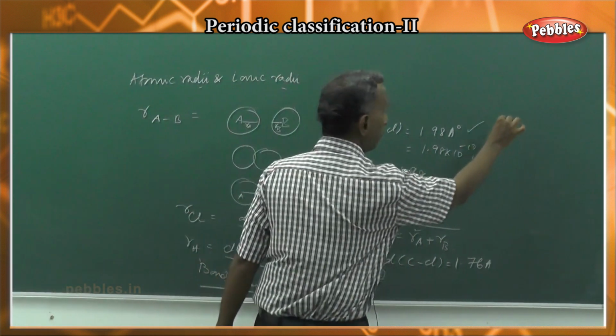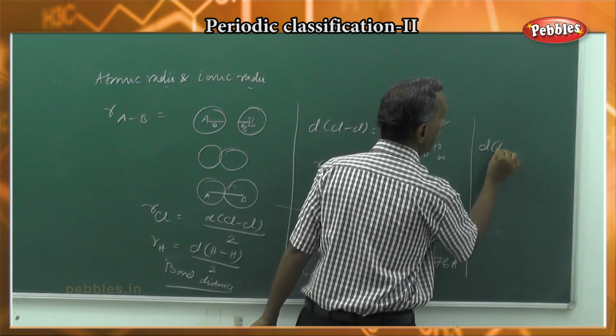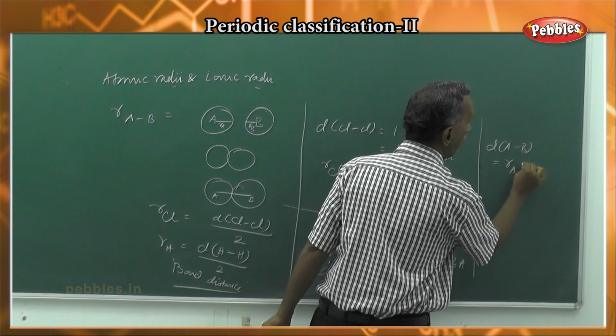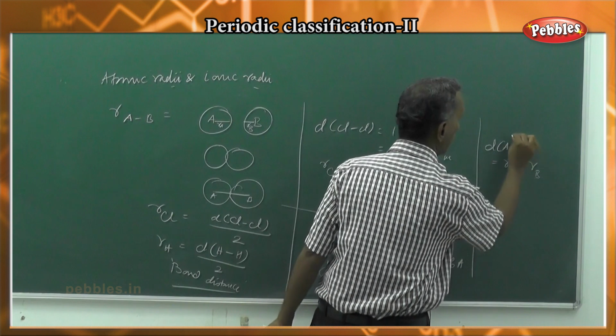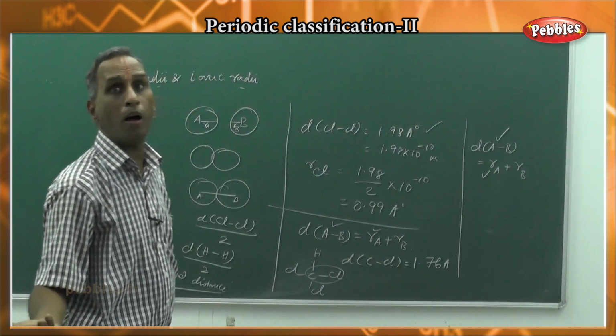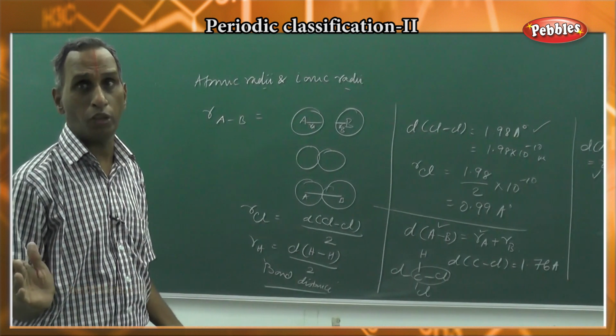Whereas if you consider two different atoms A and B, the bond distance between them equals the sum of the radii of A and B. So if the bond distance and the radius of one of the atoms are known, the radius of the other atom can be determined by algebraic sum. That is to be noted.